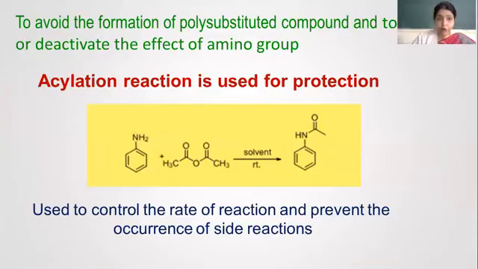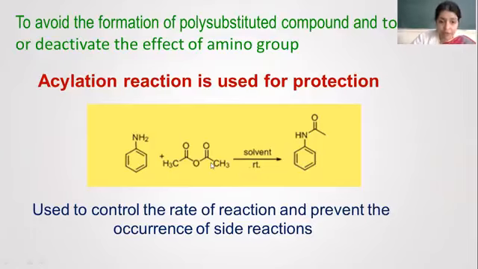So, to avoid the formation of polysubstituted compound and to control the reaction, or to deactivate the effect of the amino group, first it is necessary to protect the amino group or to decrease its activity. To decrease the activity of the NH2 group, we convert it into an anilide group by the acetylation reaction.